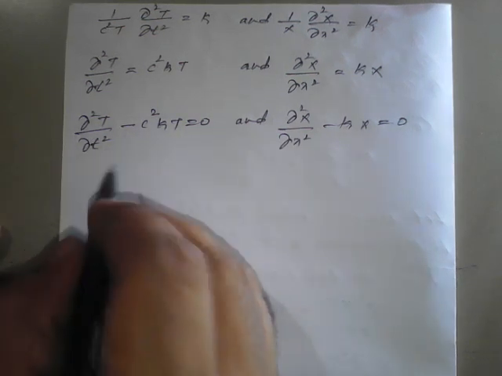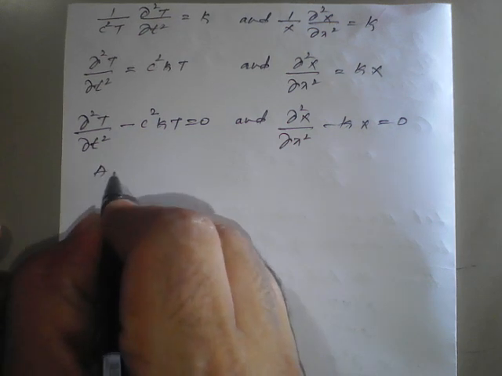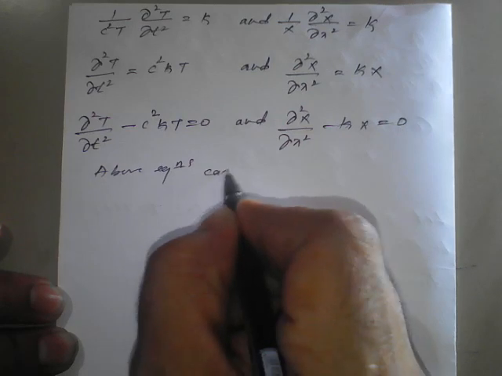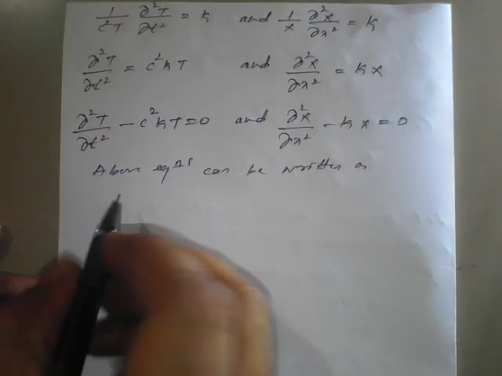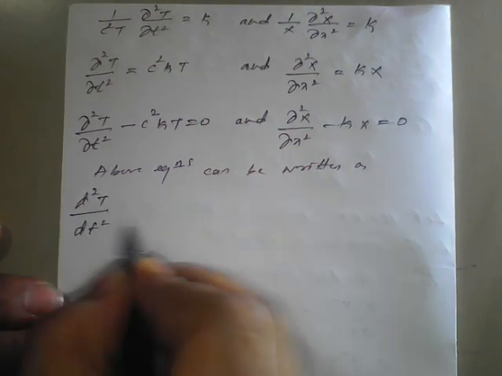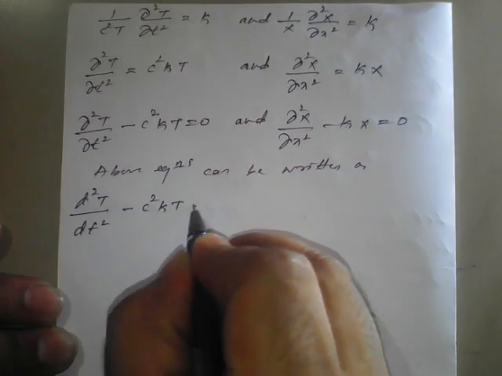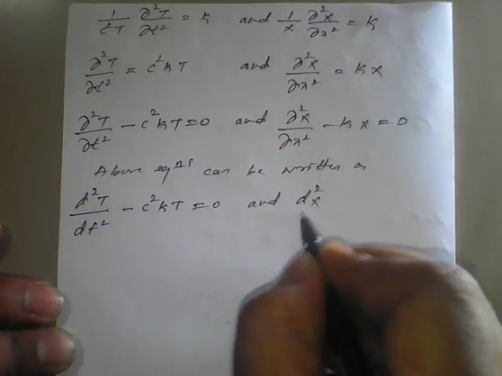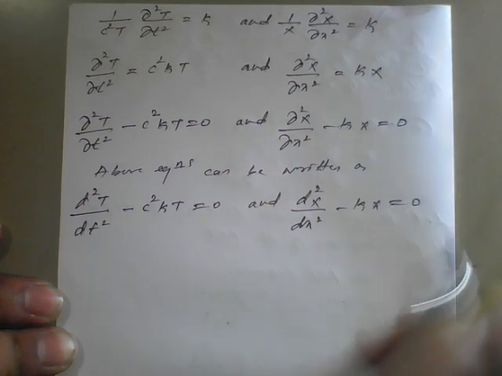So the above equations can be written as d square T upon dt square minus c square into kT is equal to 0, and d square X upon dx square minus k into X equal to 0.